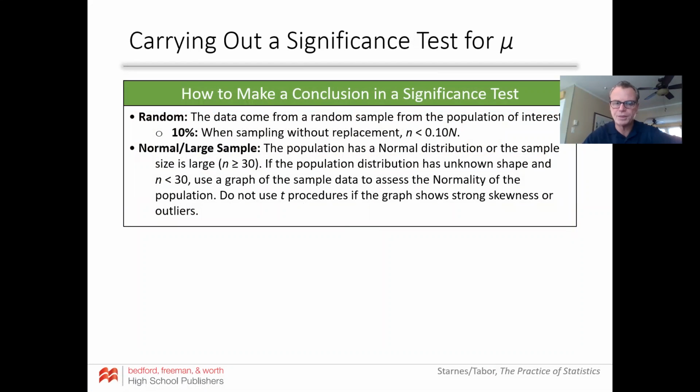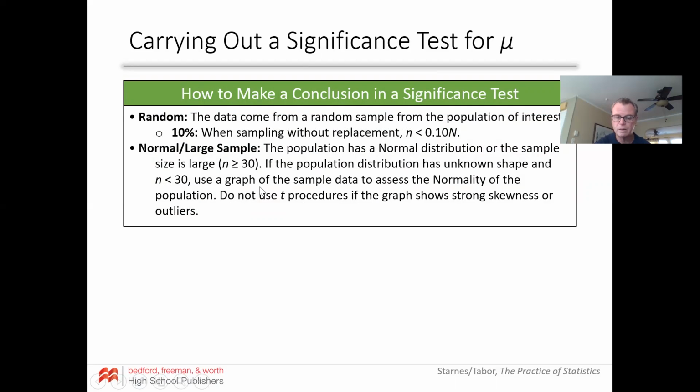There we are again with the conditions, except we're talking about means now. So you don't have any proportion to multiply by the sample size that's to be greater than or equal to 10. Instead, we're saying the sample size is large enough, greater than or equal to 30, for the condition.